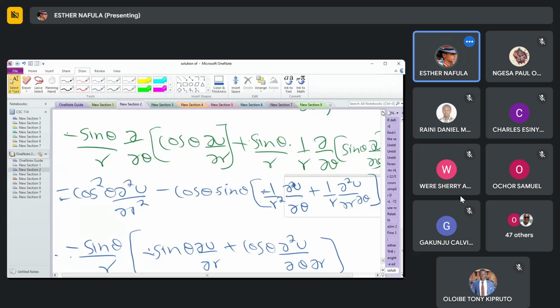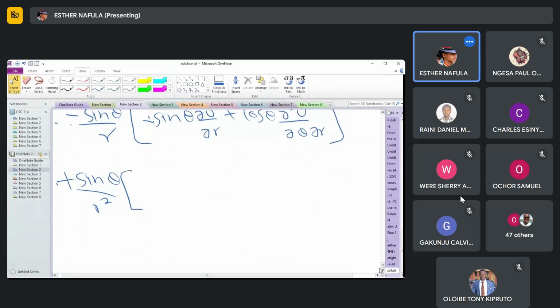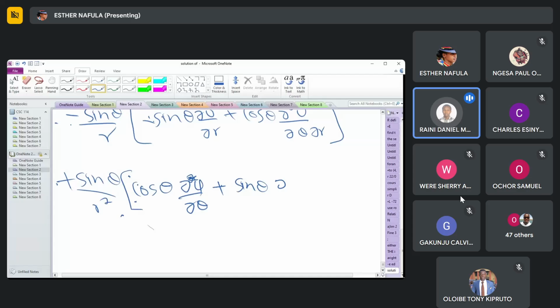Differentiate sine holding partial u partial theta constant, then differentiate partial u partial theta holding sine constant. Tell me what to write. What do we have here? Cos theta partial u partial theta, plus sin theta partial squared u over partial theta squared.